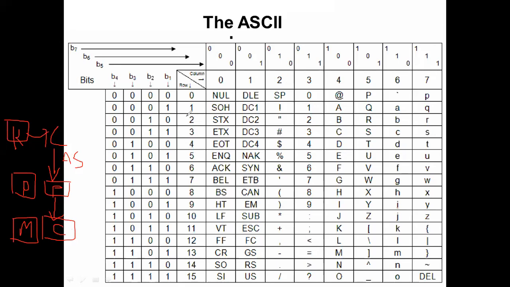So how do we get this ASCII code? See here, suppose you are taking the capital A. What is the equivalent ASCII code for this capital A?